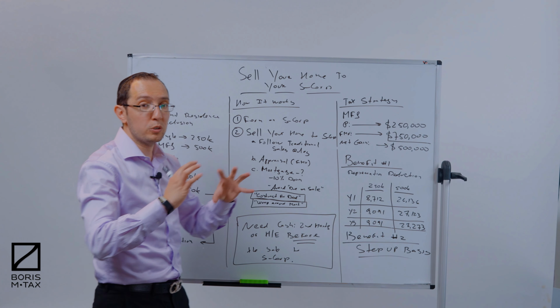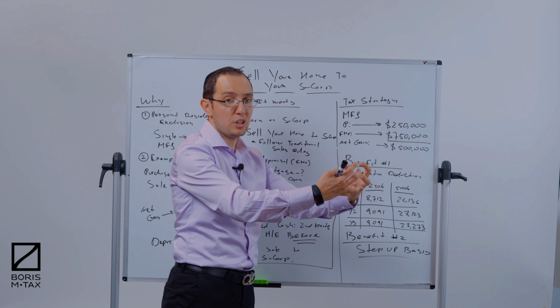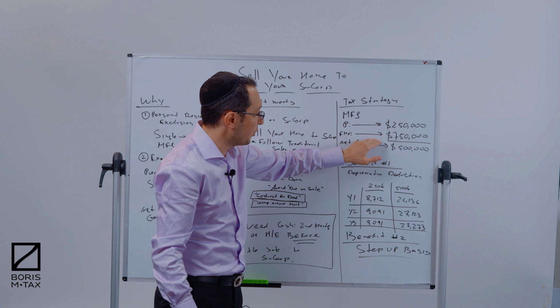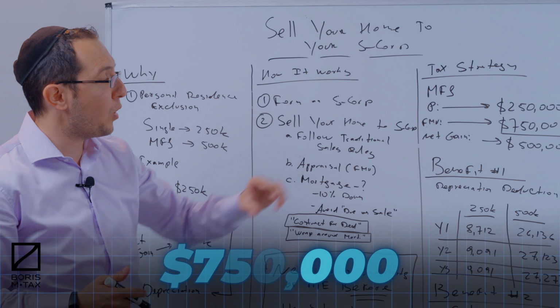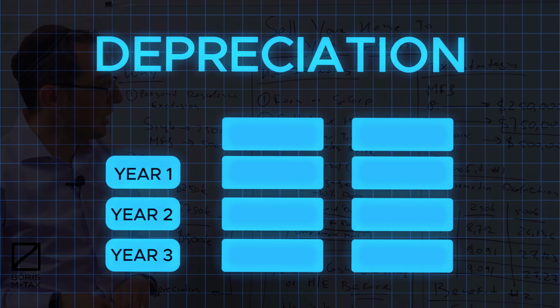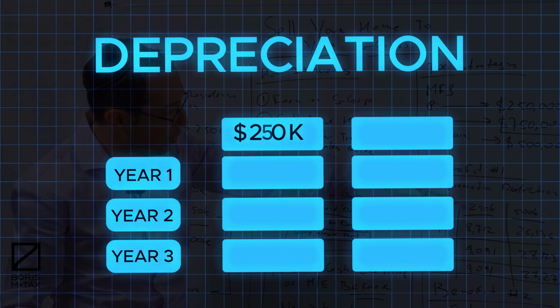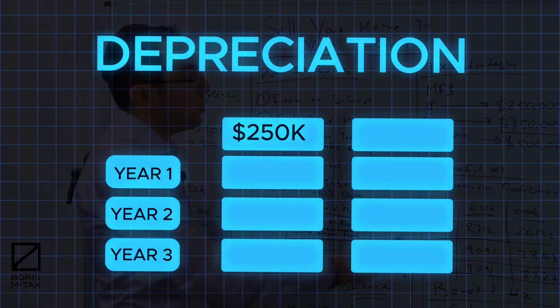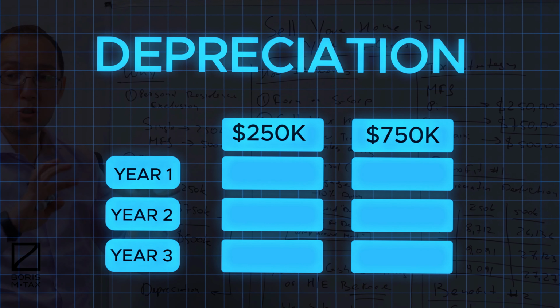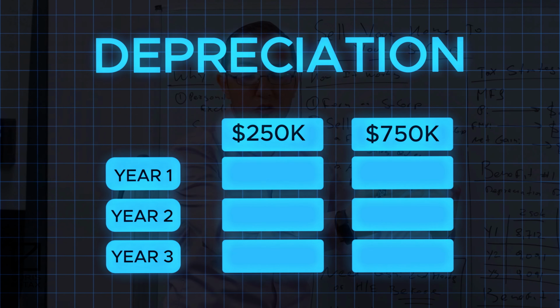But because you sold it to an S-Corporation as a tax strategy, the depreciation will be taken on the fair market value of $750,000. So I have an example here, year 1, year 2, year 3, of what your depreciation will be on the $250,000 basis or the $750,000 basis. Sorry, it's a little typo here. Right, on a $750,000 basis.